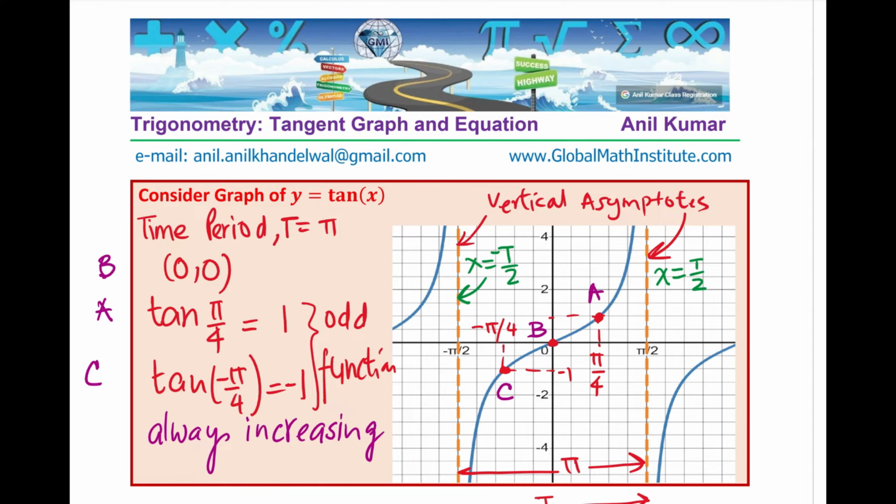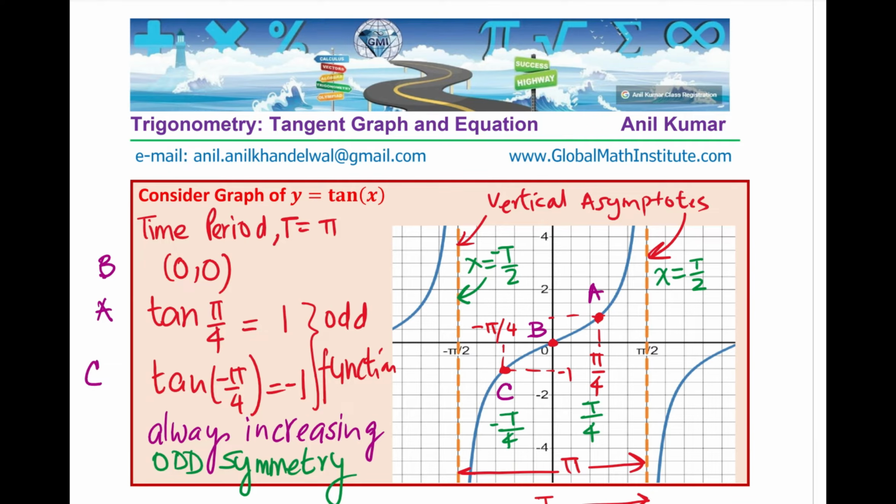And these key points are at which value? They are at quarter of the cycle, plus and minus. And you can see it is symmetric about the origin, and we call this odd symmetry. Keeping these points in view, you can actually sketch tangent function very easily. Correct? I will show you how.